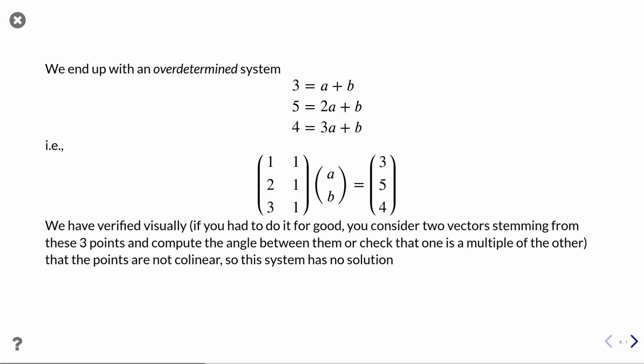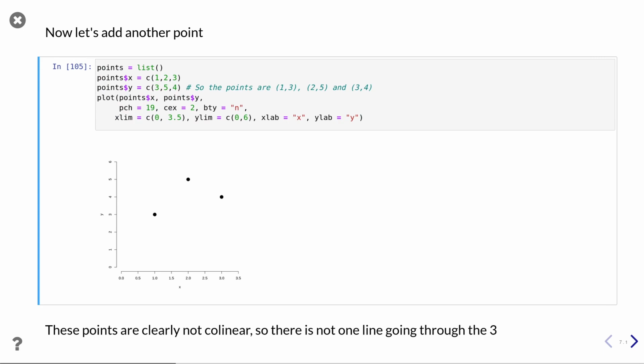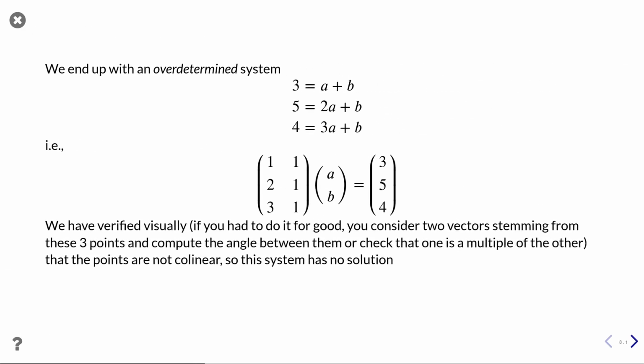Check otherwise that, for instance, one is not a multiple of the other, etc. But in this course, we're not going to necessarily go into all the details, so a visual inspection, such as the one we've done here, will be sufficient. So those 3 points are clearly not on the same line, so we can move on.